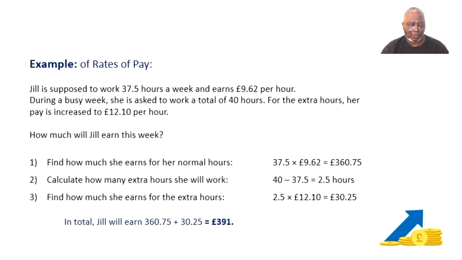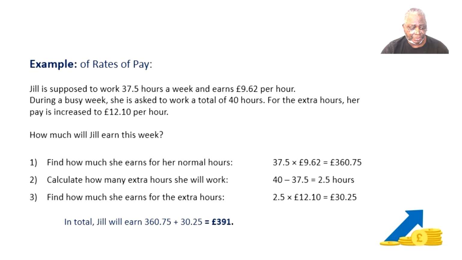Jill is supposed to work 37.5 hours a week and earns £9.62 per hour. During a busy week, she is asked to work a total of 40 hours. For the extra hours, her pay is increased to £12.10 per hour. How much will Jill earn this week?